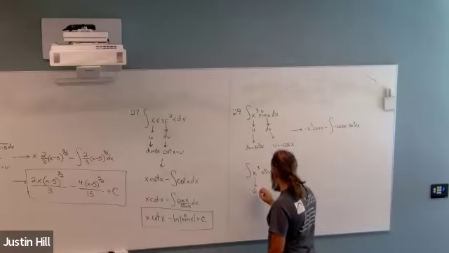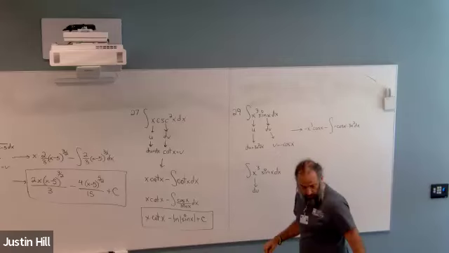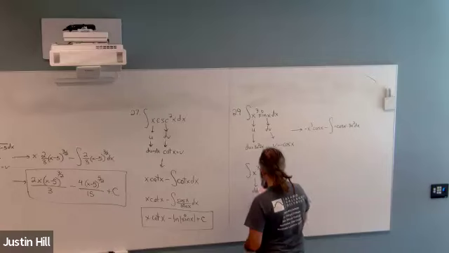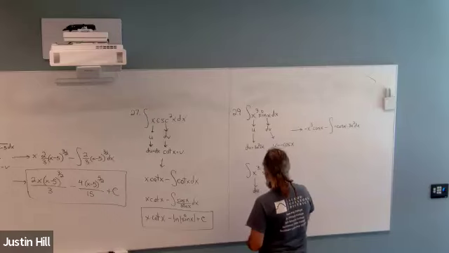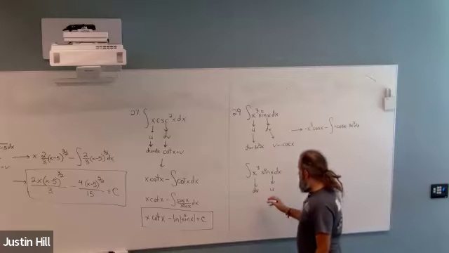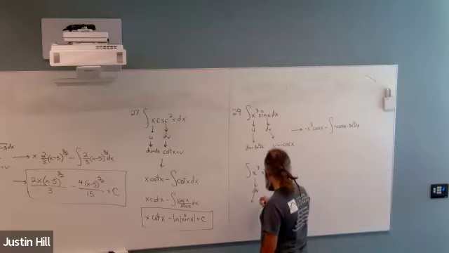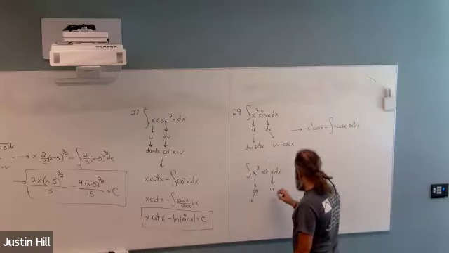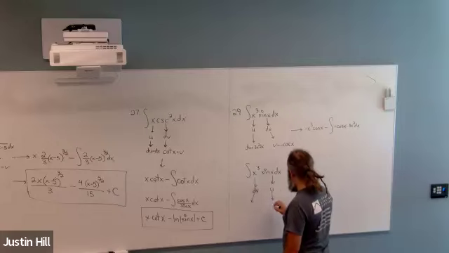So that's my dv now. Sorry, that's my dv, and this is my u. Now, if that's my dv, I need the integral of that. And if this is my u, I need the du on this.